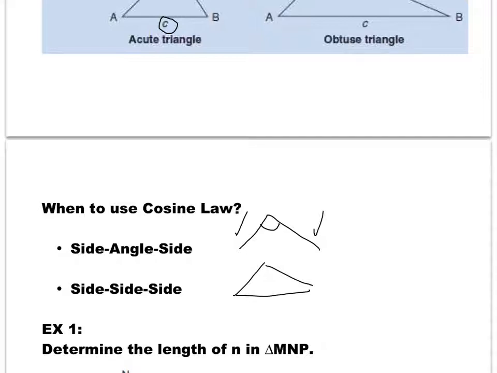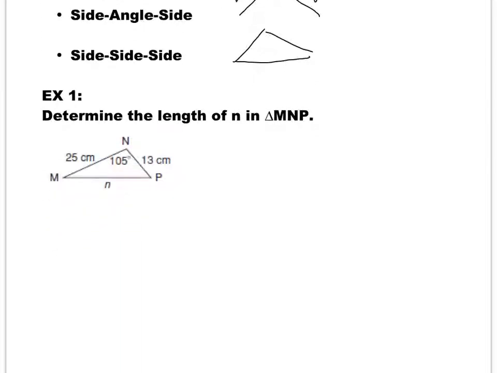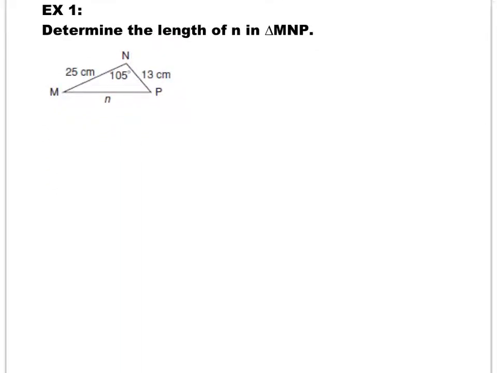Now, the first problem. You have a triangle MNP. Side MN is 25, NP is 13, and the angle contained between them is 105. We are supposed to find n. Since we have two sides and the angle between them, I'm going to use cosine law.